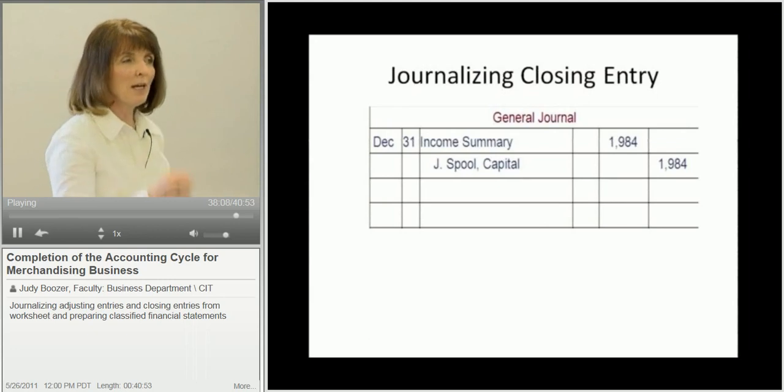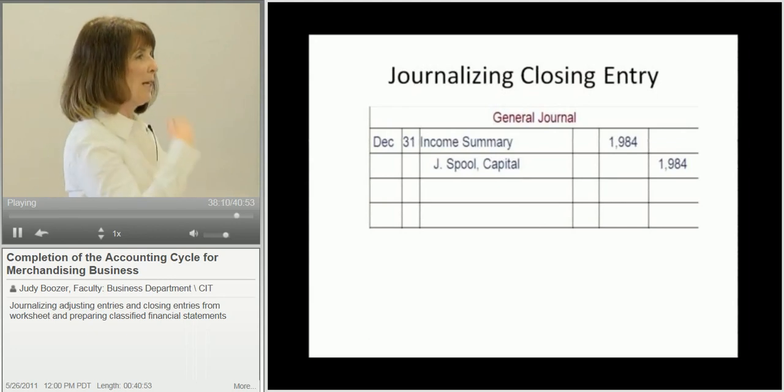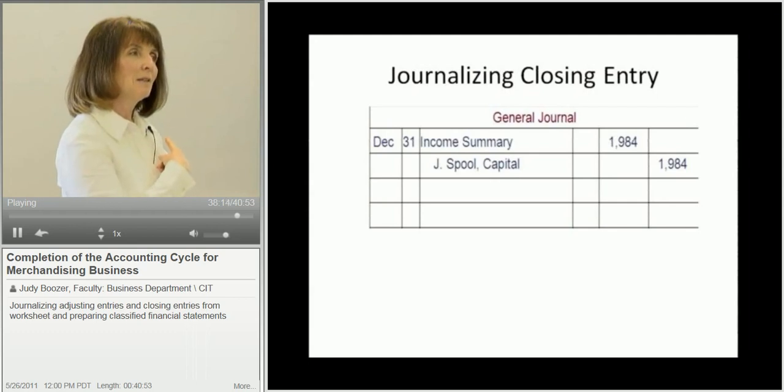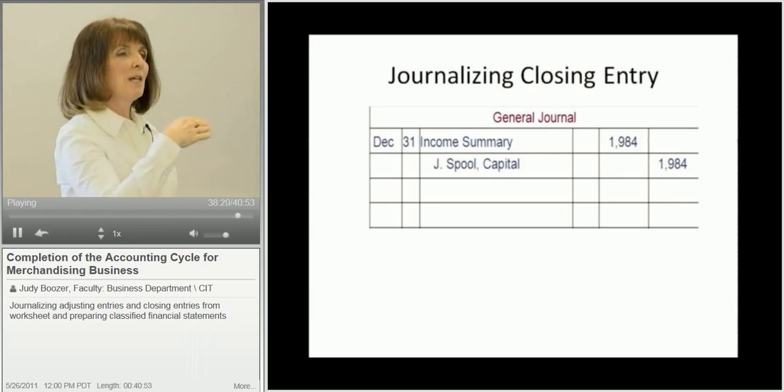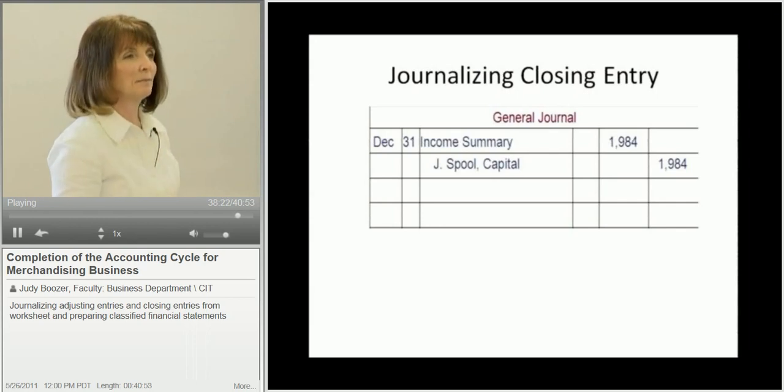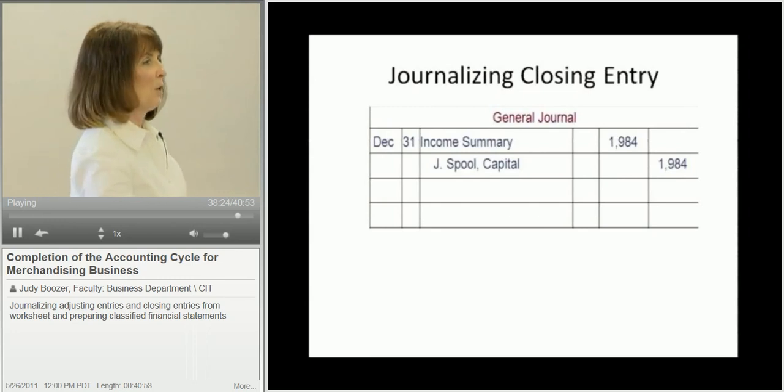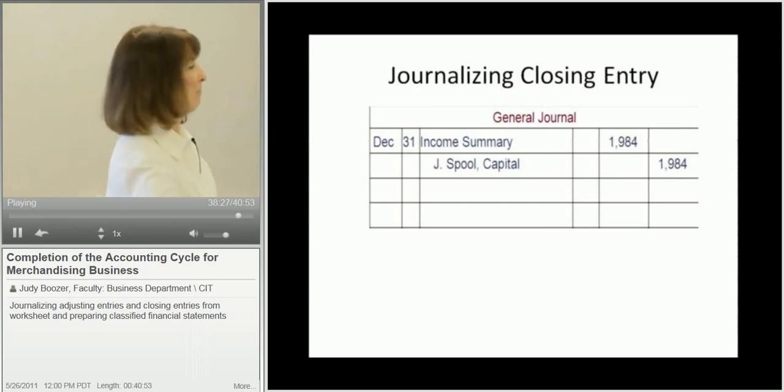And if we're crediting capital, is capital going up or down? Up. So did we make money? Yes. Wouldn't you have closing entries on there somewhere? Remember, it's at the beginning of it. This is the third one down, so you don't do them before each one, just before all of them.